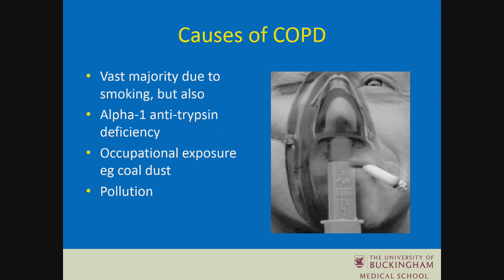And obviously if they smoke, the damage is that much worse. They often have other manifestations like those in the liver and the pancreas, and it's a small subset of very specialized patients that are best managed in a specialist center that deals with the condition.